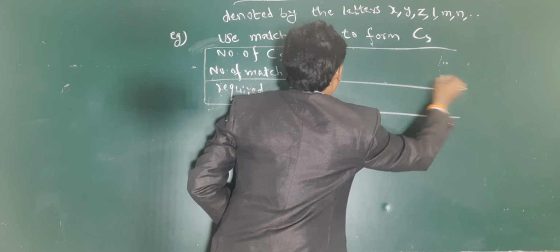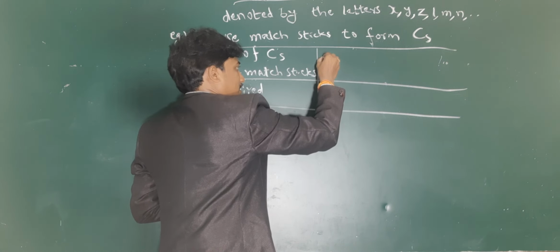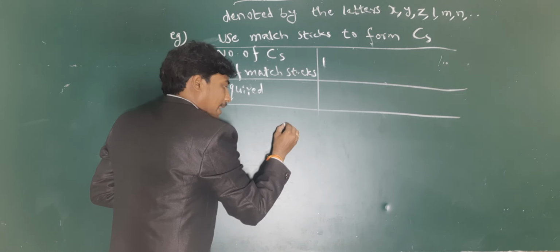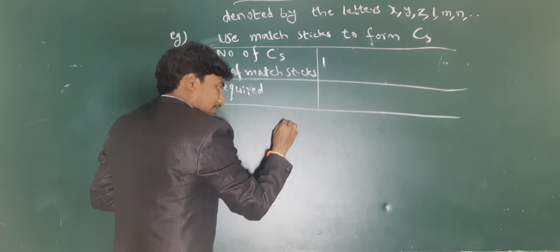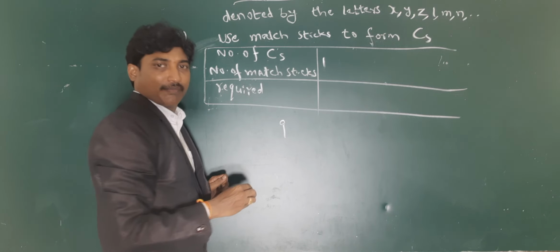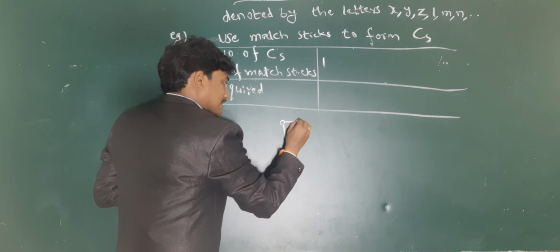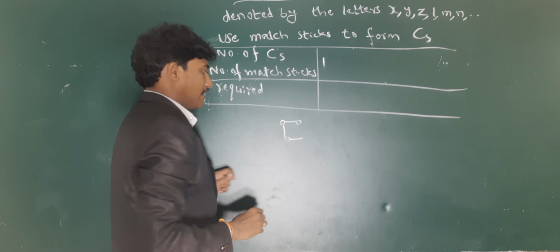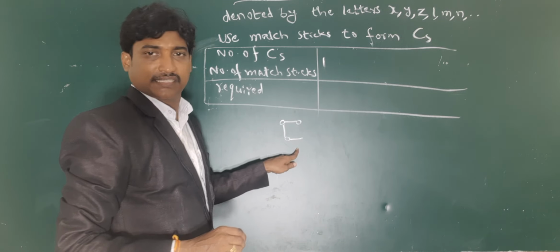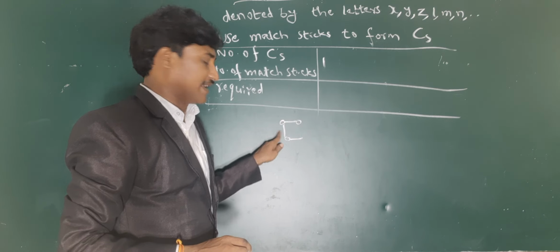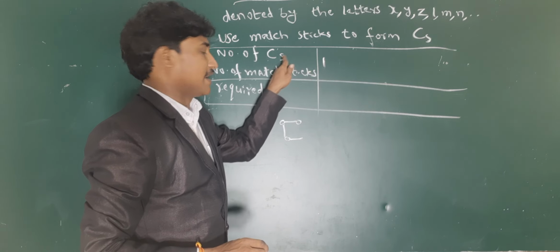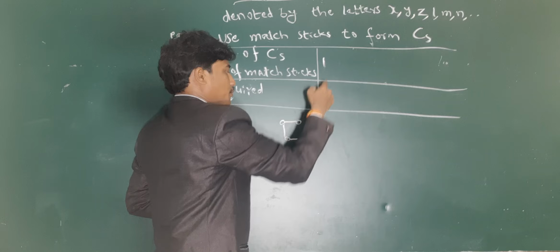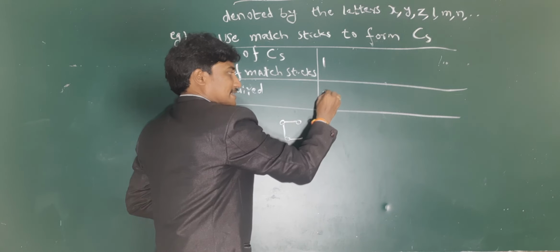For one C, I am taking matchsticks. Here, first matchstick, second matchstick, and the third matchstick. If I use 3 matchsticks, I can form a letter C. For one C, we need to use 3 matchsticks.